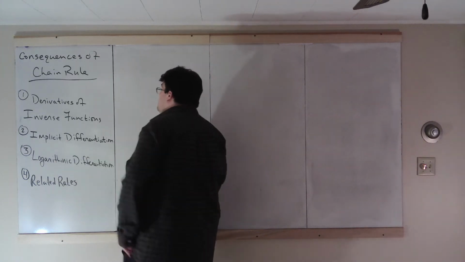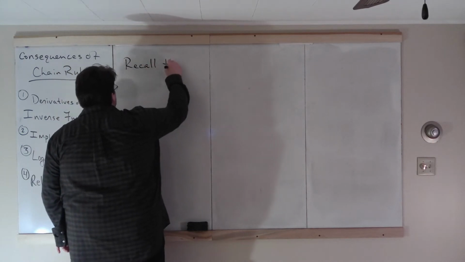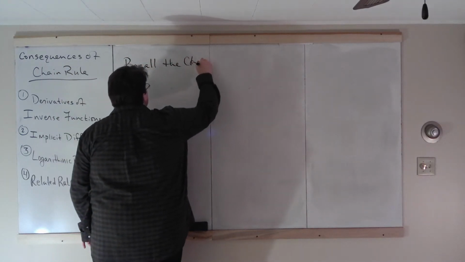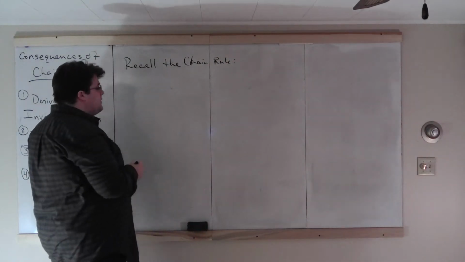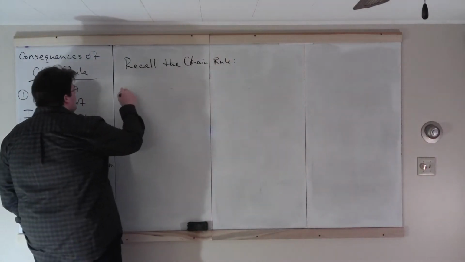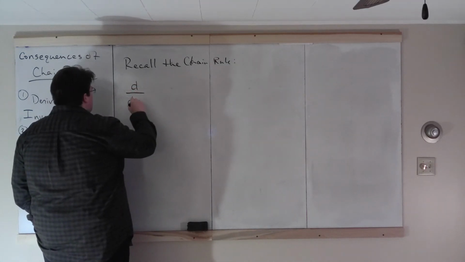Here we're going to look at derivatives of inverse functions, but first, let's just recall the chain rule. What does the chain rule say? Well, we had 2 different notations. Let's write it like this.